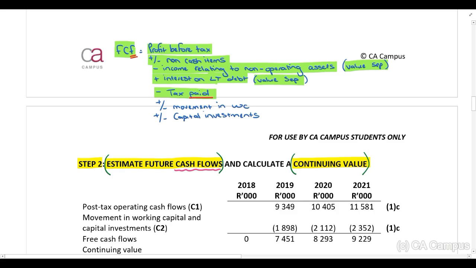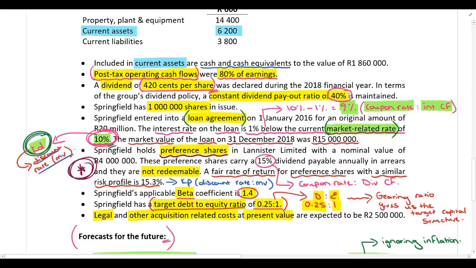Now, I'm going to stop my discussion there for now. I'll come back to the last two calculations once we've discussed this in more detail. Now, if you go back to the information provided in the question, we can calculate post-tax operating cash flows because we know that the company has a constant dividend payout ratio of 40%, and we know what the dividend was for 2018.